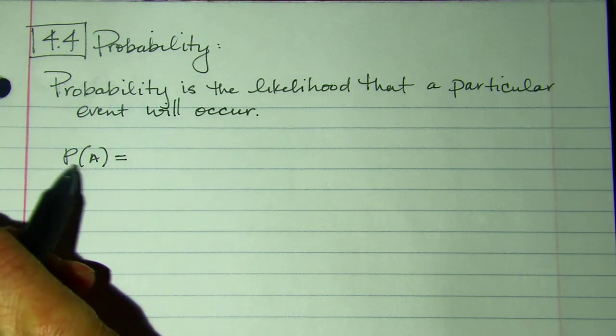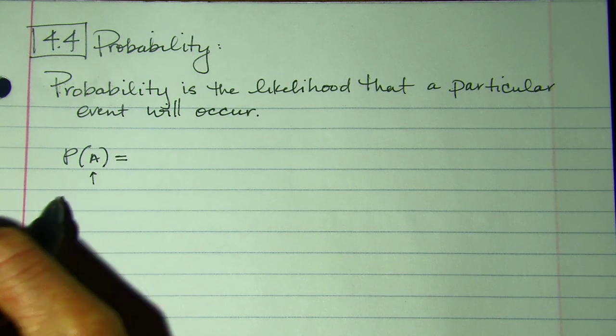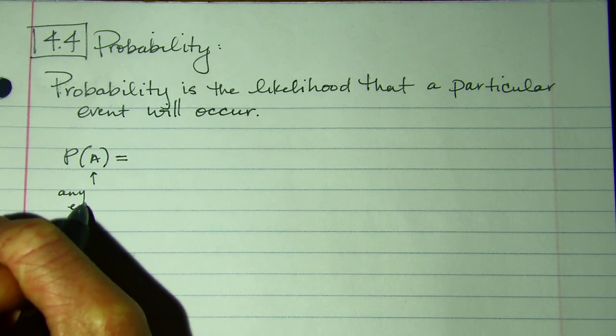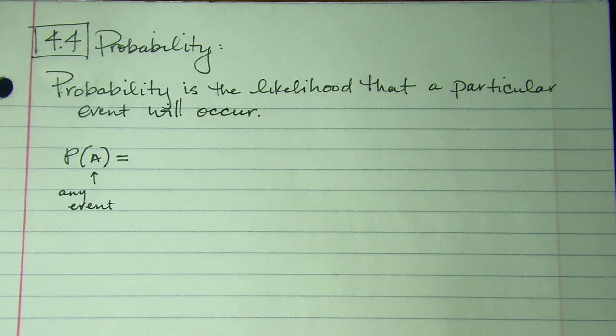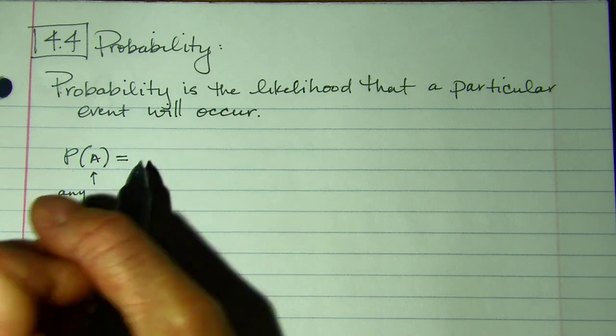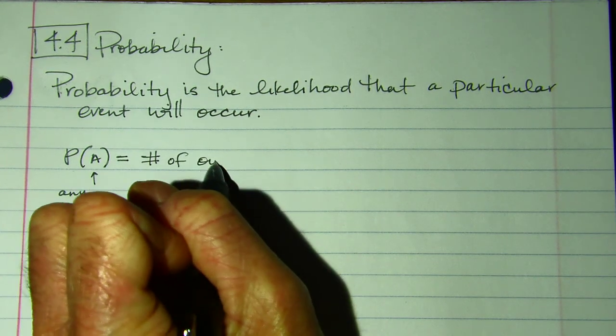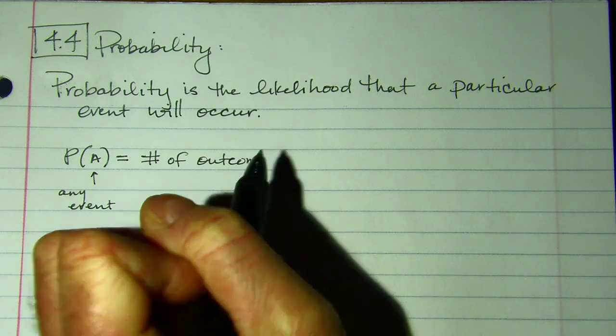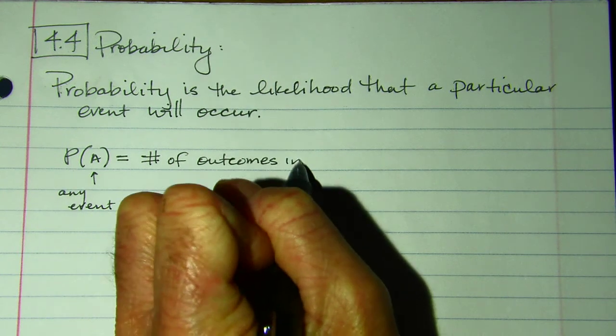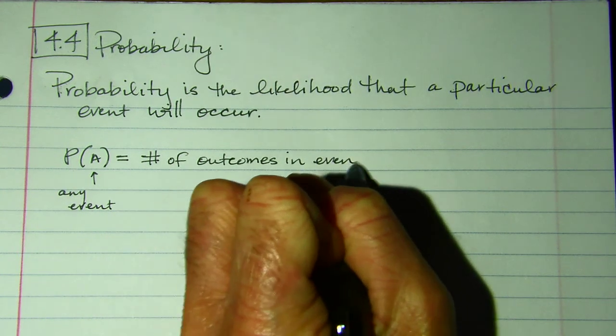So the probability of A, where A is any event. That can be the probability of it raining, probability of lightning, anything like that. When we set up probability, on the top will be the number of outcomes in whatever event we're talking about.